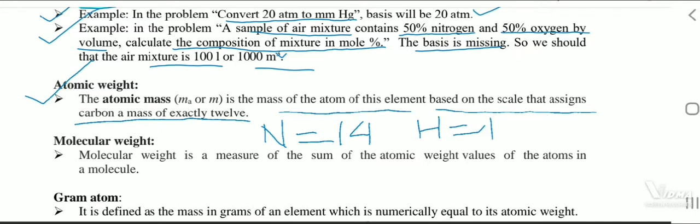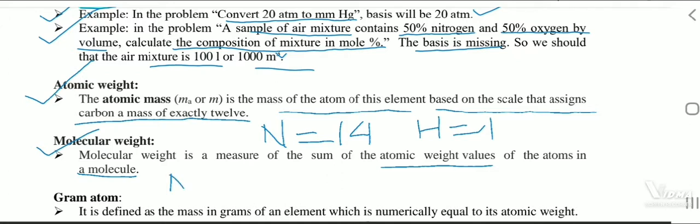Now let's come to the definition of molecular weight. Molecular weight is the sum of the atomic weight values of the atoms in a molecule. It means the molecular weight of a molecule is the sum of the atomic weights of the elements present in the molecule.